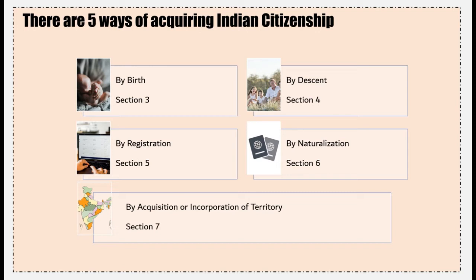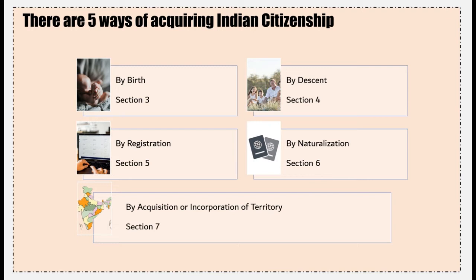B. A person has to renounce his already acquired citizenship for acquiring Indian citizenship. C. A person residing in India or in central government service for 12 months immediately preceding the date of application.